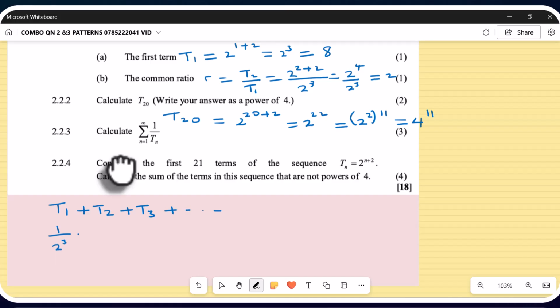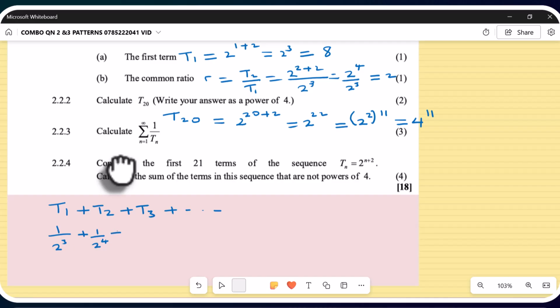So here we put our formula. Remember we are starting from 2 power 3, which was the 8, then 2 power 4, okay?